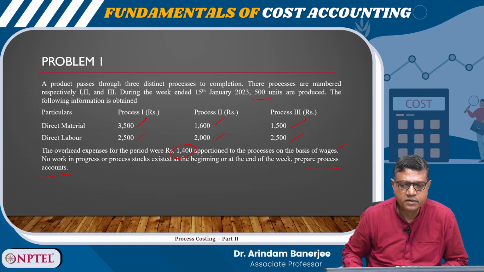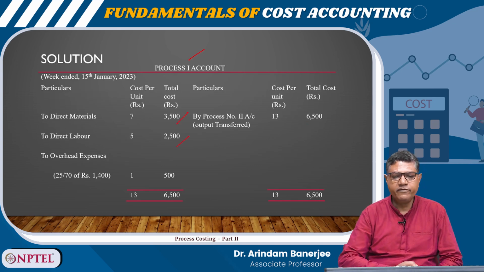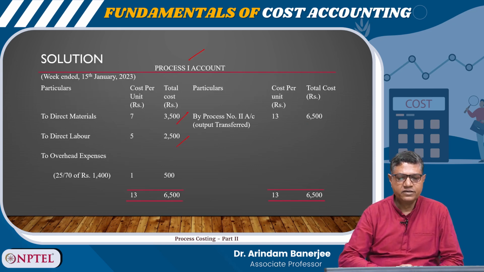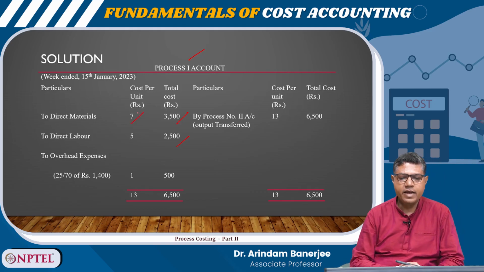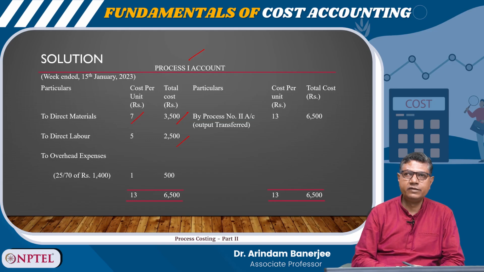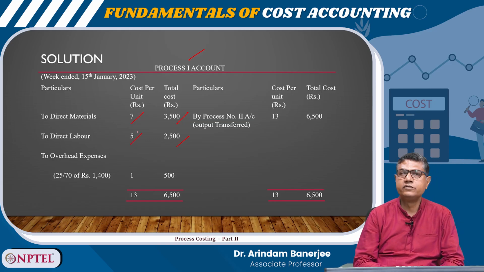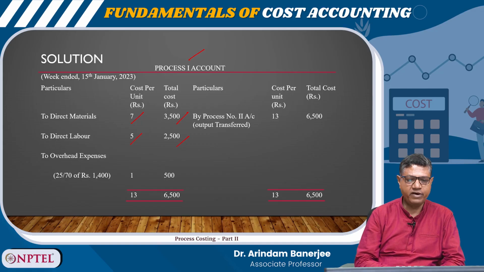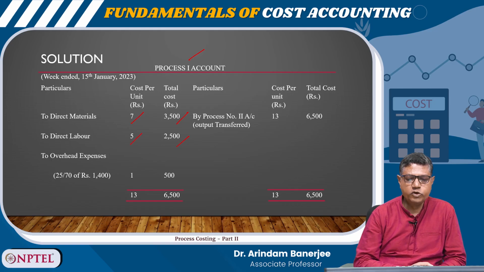So, 3500 divided by 500, per unit material is 7, and 2500 divided by 500, per unit labor is 5. The overhead cost is apportioned proportionately.